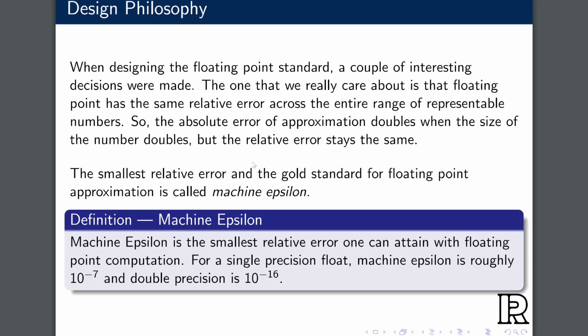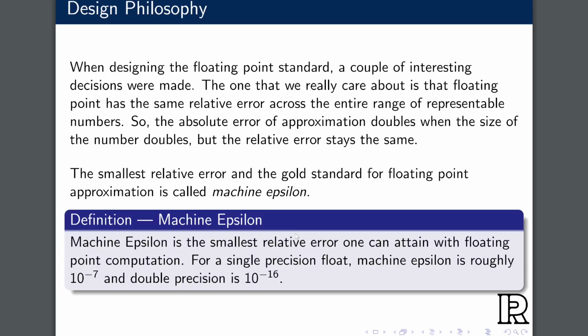In fact, this relative error is so important that we give it its own name. The smallest relative error that is achievable with floating point is called machine epsilon. For 32-bit, it's roughly 10 to the minus 7, and for 64-bit, it's roughly 10 to the minus 16.